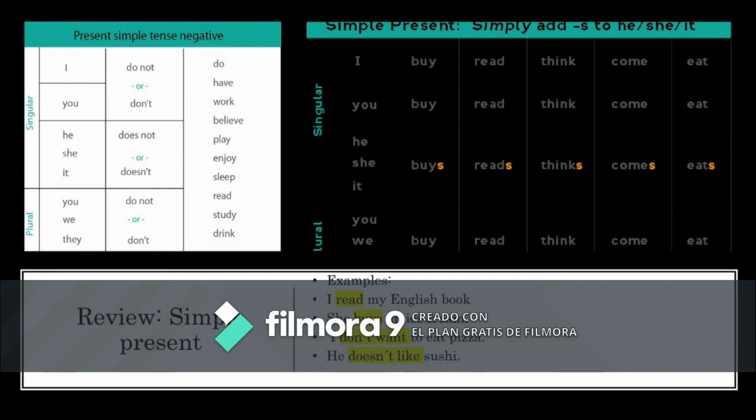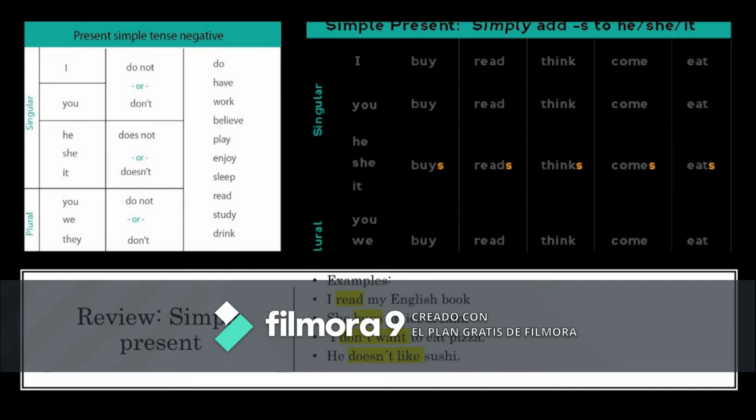When we're using I, you, we and they, we use the verb in the base form, right? But when we are talking about he, she, and it, we add an s at the end of the verb. In this case, we have some examples here that say, I read my English book. She buys an ice cream. That is when we are talking about affirmative statements.